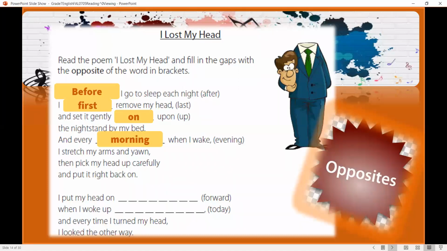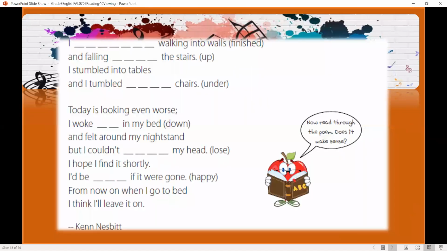Before I go to sleep each night, I first remove my head and set it gently down upon the nightstand by my bed. And every morning when I wake, I stretch my arms and yawn, then pick my head up carefully and put it right back on. I put my head on backward when I woke up yesterday, and every time I turned my head, I looked the other way. Thanks so much for being patient with me there. My tongue got a bit lost.